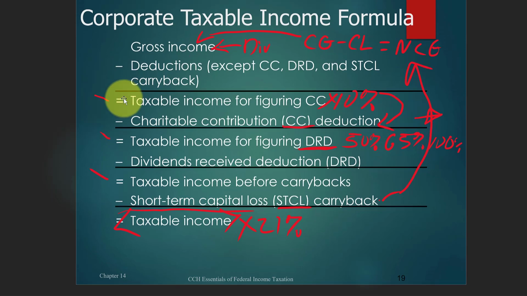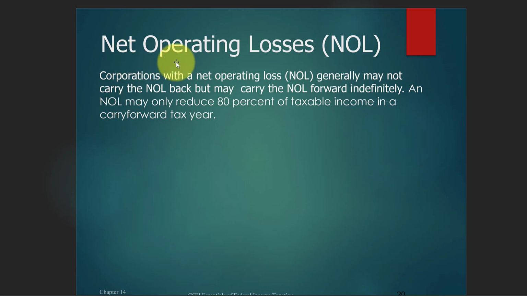We call that situation a net operating loss. And the rule in our textbook before the coronavirus situation is that we can only carry forward this loss to future years to offset future years' taxable income up to 80% of those future years' taxable income. Yeah, that's a good benefit.